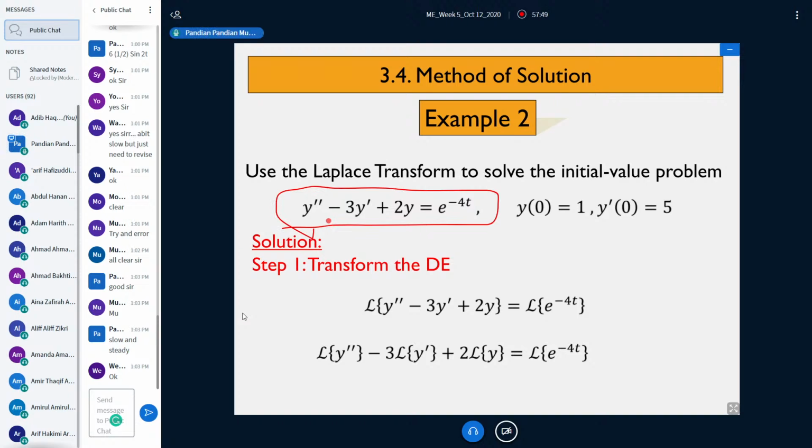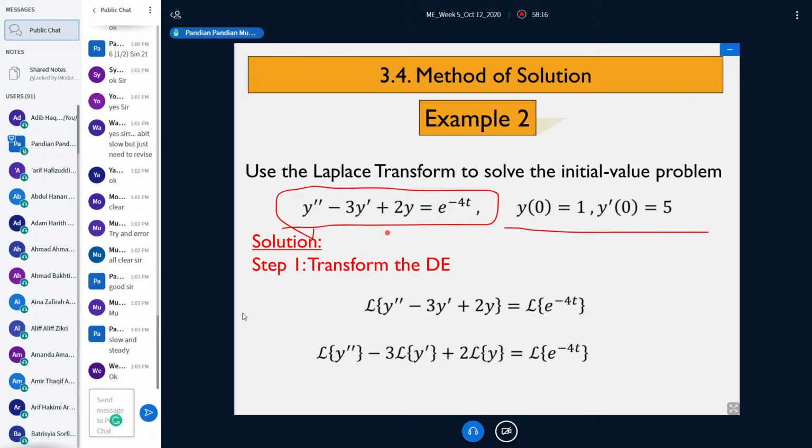Y double dash, that is d squared y over dt squared, minus 3y dash, dy over dt, plus 2y equals e to the power minus 4t. This one is a second order linear constant coefficient inhomogeneous differential equation with the initial conditions y(0) equals 1, y dash (0) equals 5.